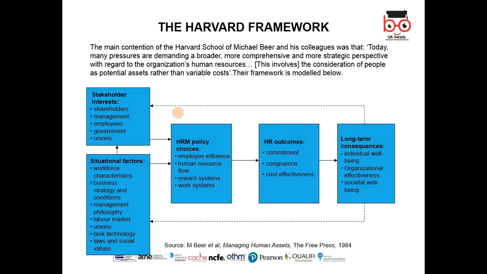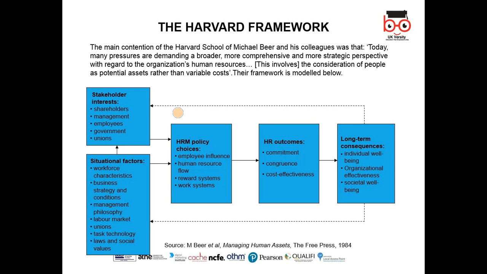Yeah. So we generally tend to consider the companies that adopt this Harvard model, we call them soft HRM, right? Because they want to bring out the soft side of HRM: employee commitment, employee satisfaction, employee happiness, employee health and well-being, societal happiness, and so on.